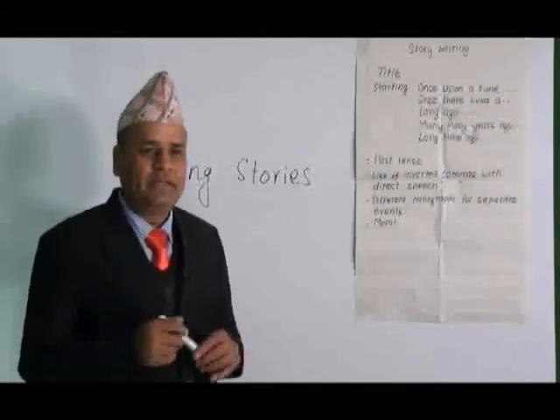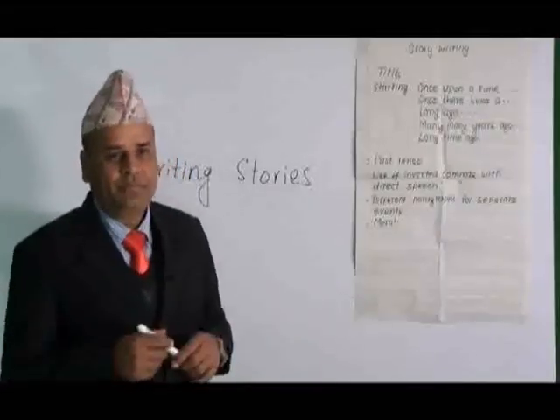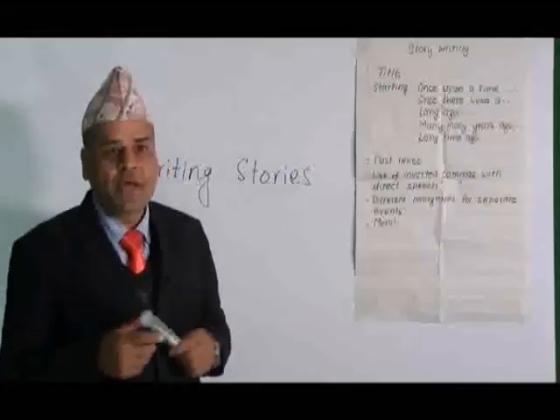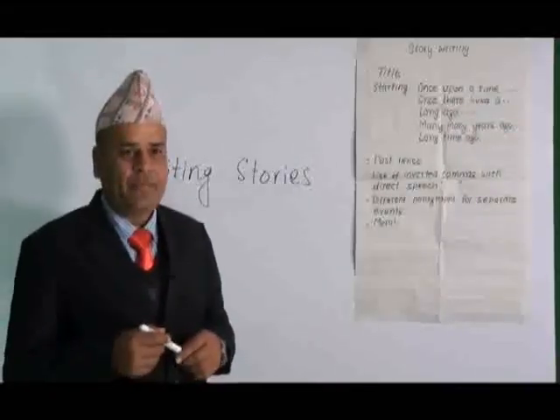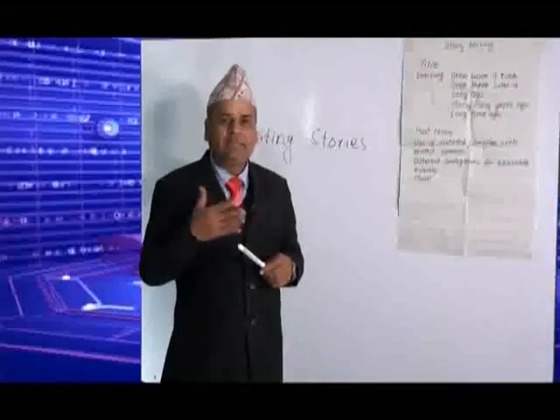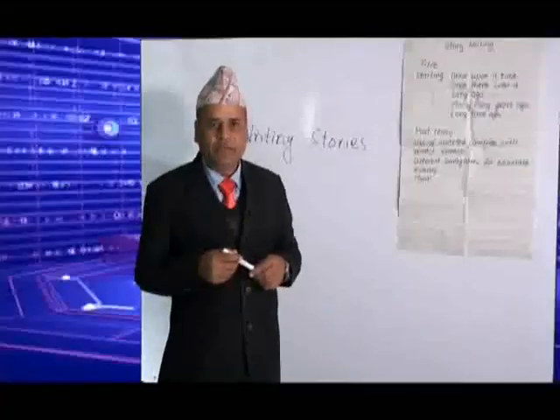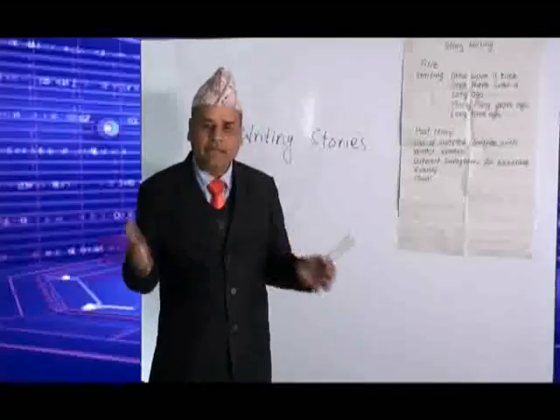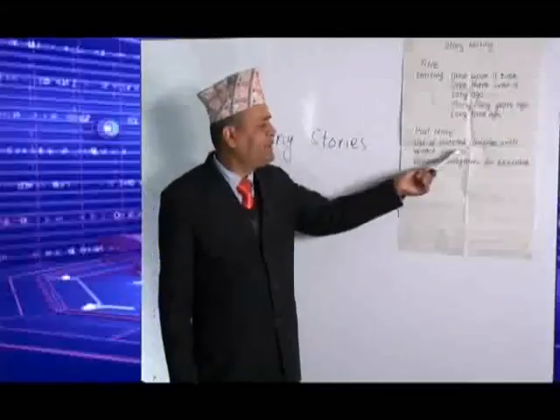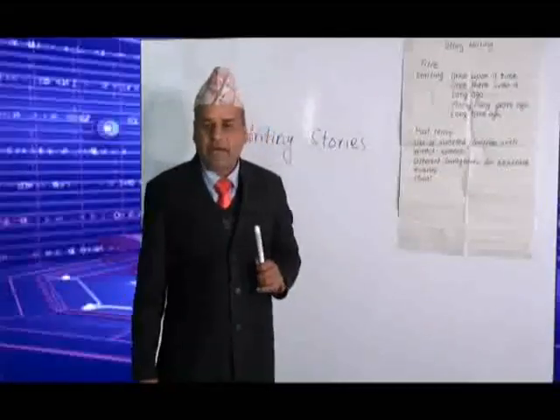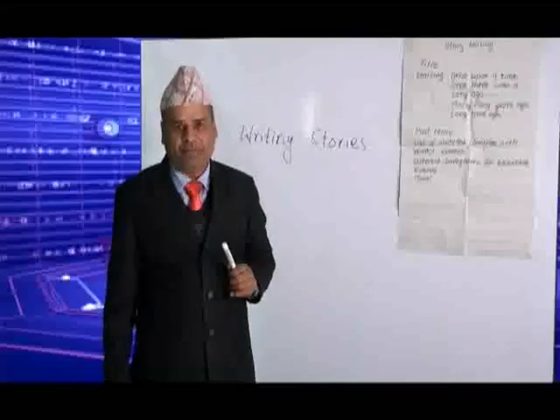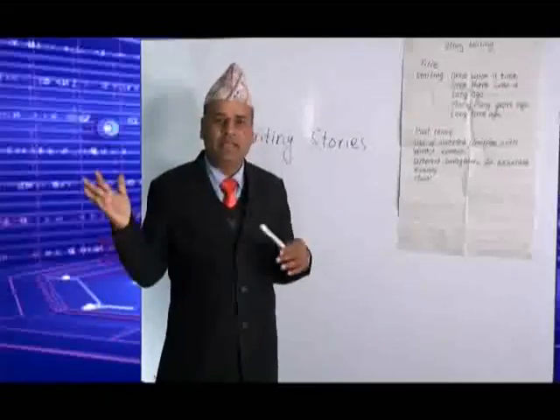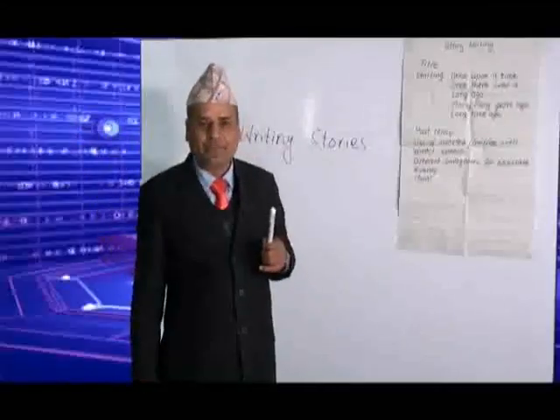For example, in the story of a thirsty crow, when the crow says, "I am thirsty, I want to find some water," when the speaker gives direct speech, expressing real feelings or real sentences, we use inverted commas. Otherwise, stories are normally written in indirect speech. For example, there was a crow, he was thirsty. We continue the story that way.